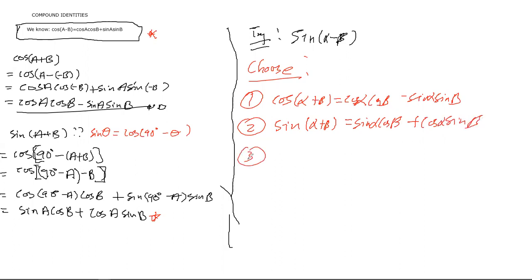Or finally, the original one that we have proved, cos(alpha minus beta) is cos alpha cos beta plus sine alpha sine beta.